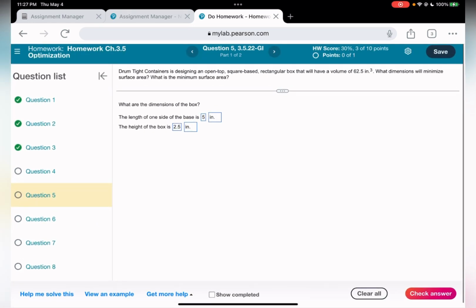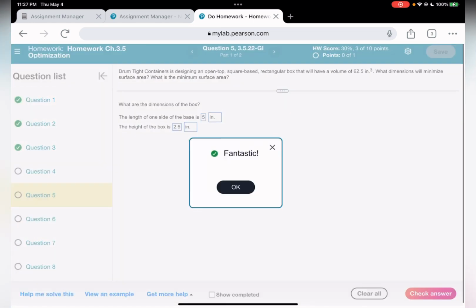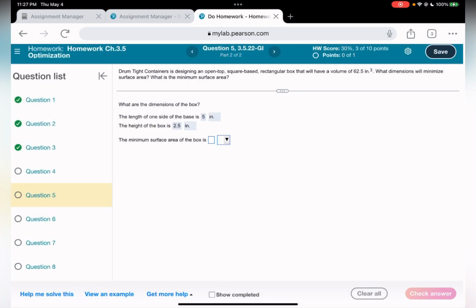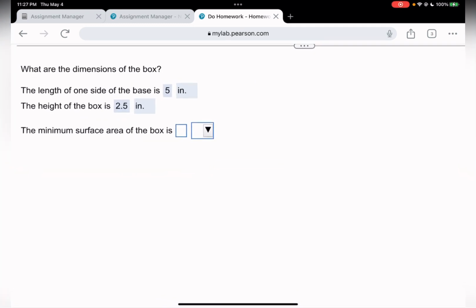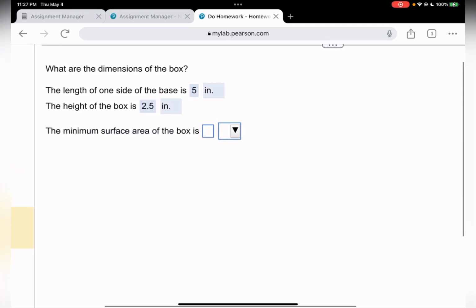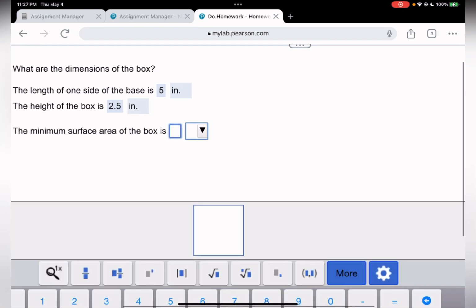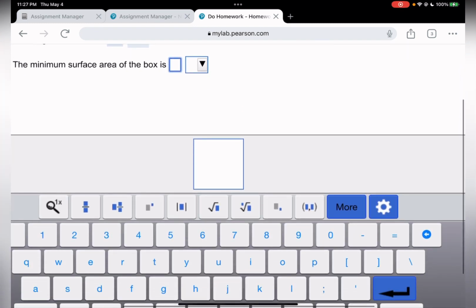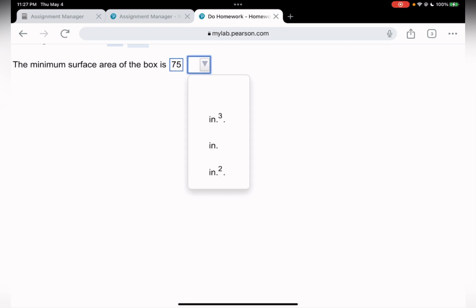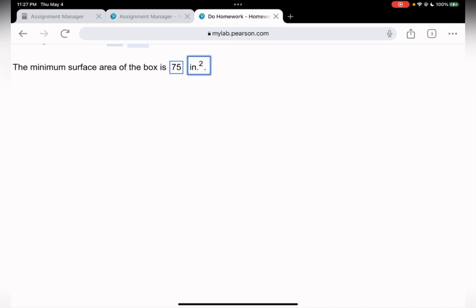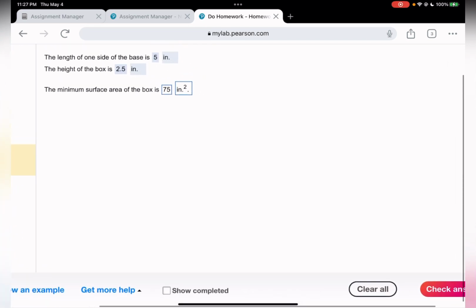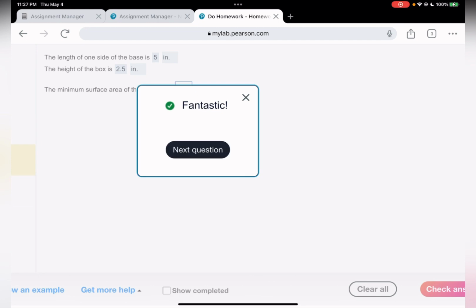Okay, let's check it. Fantastic. And the minimum surface, we set 75, right? 75, and it's going to be inch squared because it is area. Volume is measured in inch cubed, right? Fantastic.